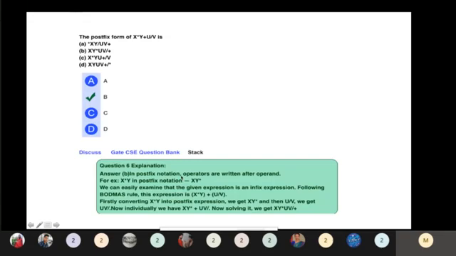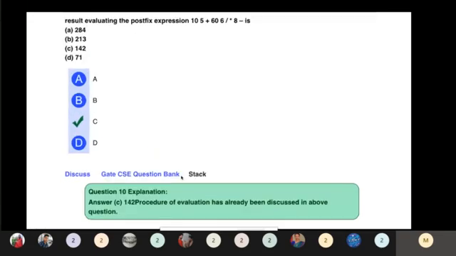So the same procedure as per the infix to postfix algorithm. Now this is evaluating the postfix expression, the same procedure. Here we have 10, 5, then a plus, 60, then 6, slash, multiplication, then 8.